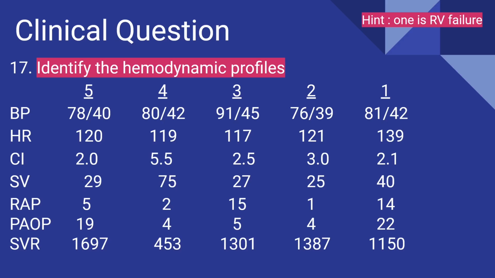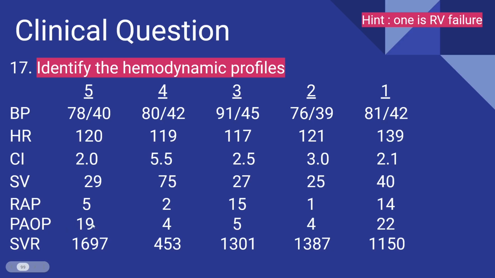But we have to look at our right atrial pressure. Oh, our right atrial pressure is actually normal, right? 2 to 6. So maybe not necessarily. It might be something that's causing the heart not to be able to pump efficiently. And then we have an elevated pulmonary artery occlusion pressure.